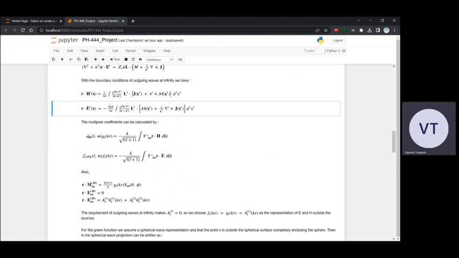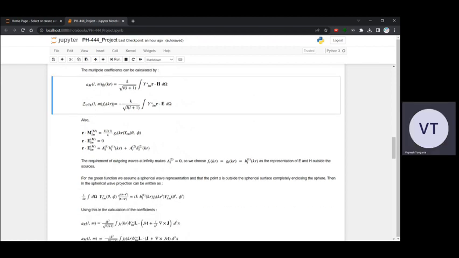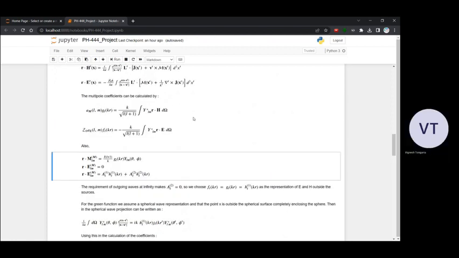As we have discussed, the multipole coefficients can be given by this function, where Y_lm is the spherical harmonic function, and g_l and h_l are functions of kr. And we will also use these three equations to find the boundary conditions.